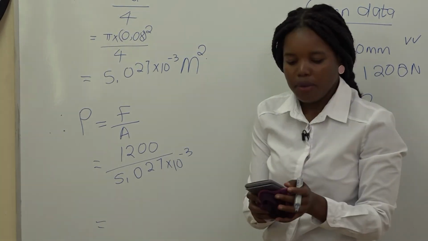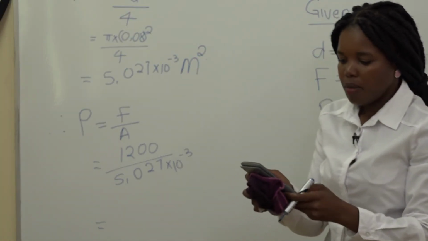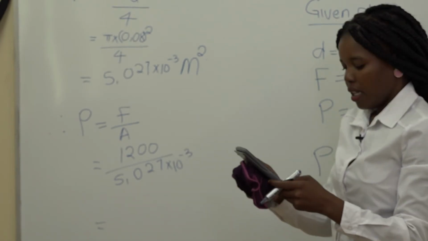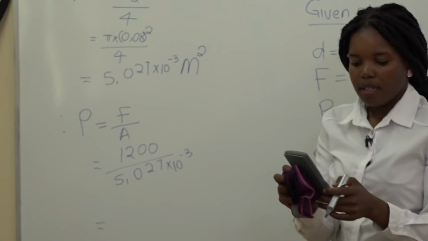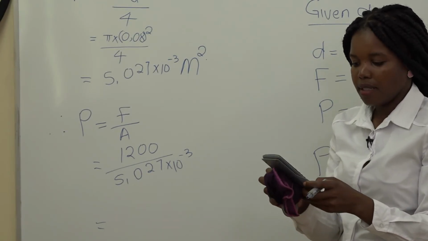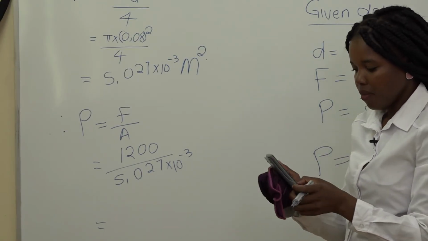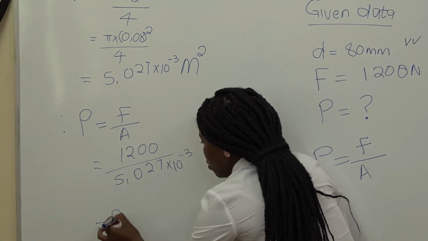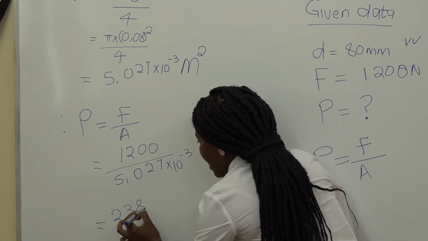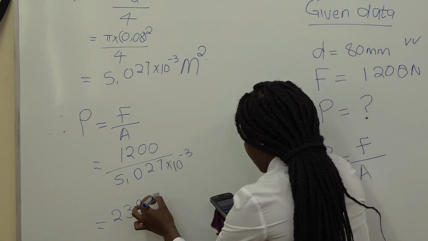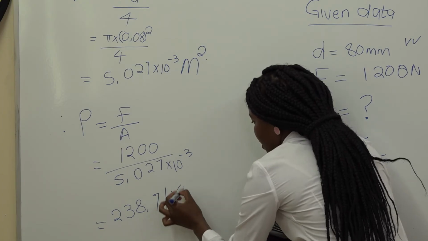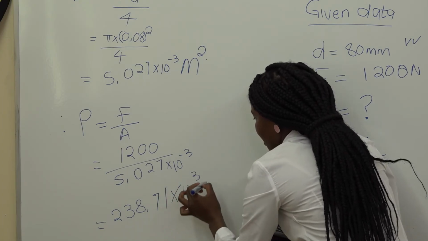So 1,200 divided by 5.027 times 10 power minus 3, then you'll get 238.71 times 10 power 3.